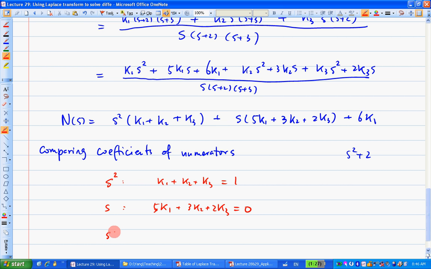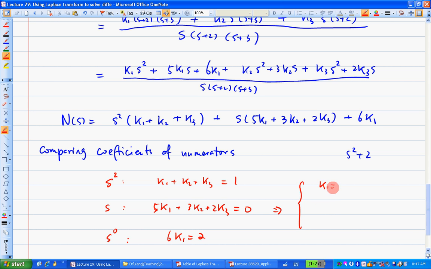And for the s to the power 0 term, which is basically the constant, you have 6k1 equals 2. So you've got three equations, three unknowns, and you will have a unique solution. That's pretty easy to calculate.